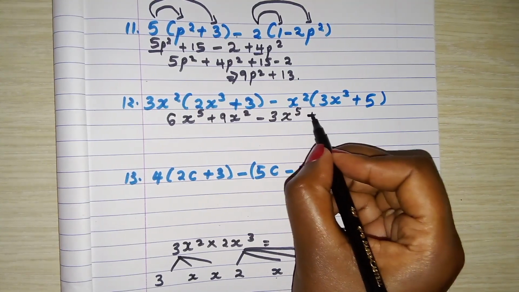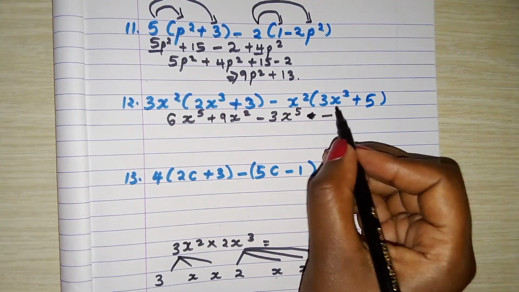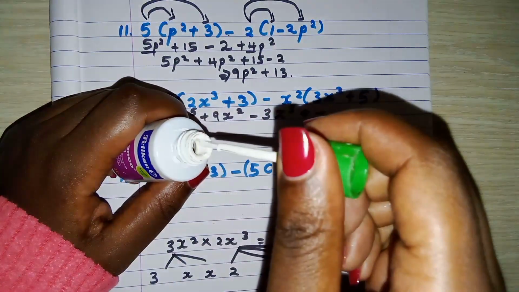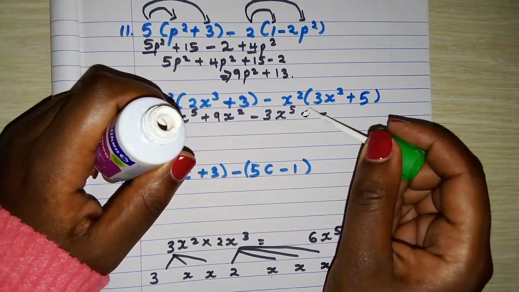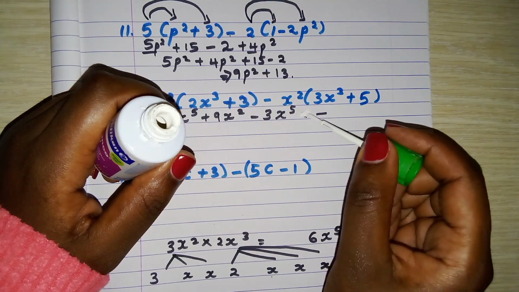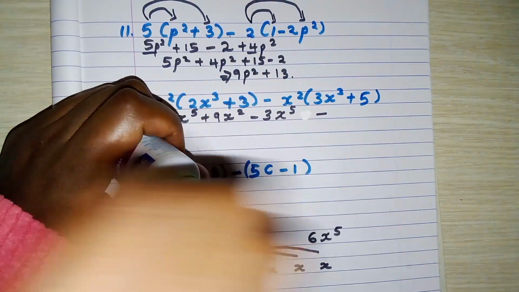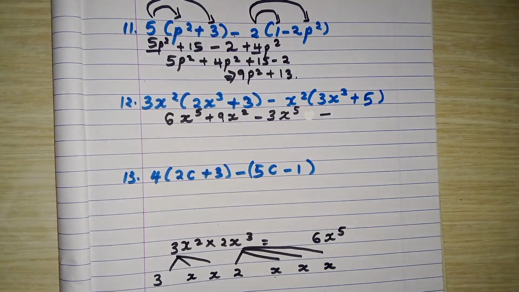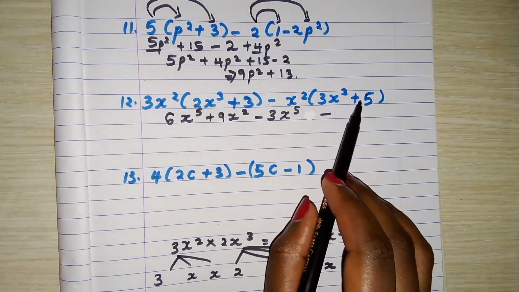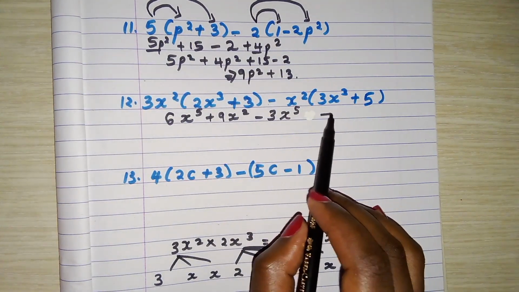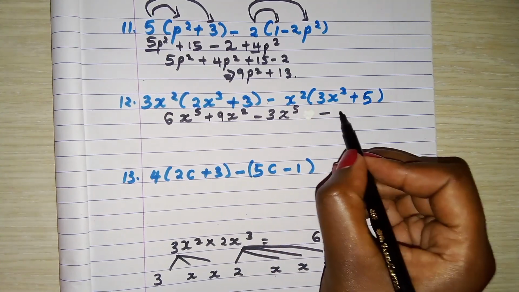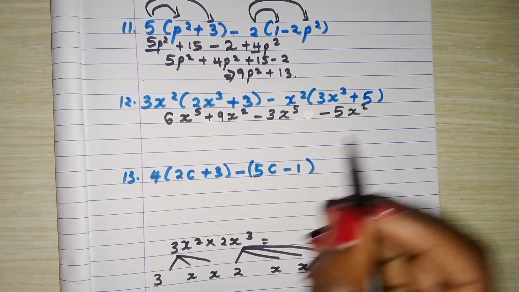Sorry, not plus but minus. Okay, so negative and positive becomes a negative. So x squared times 5 will be 5x squared.